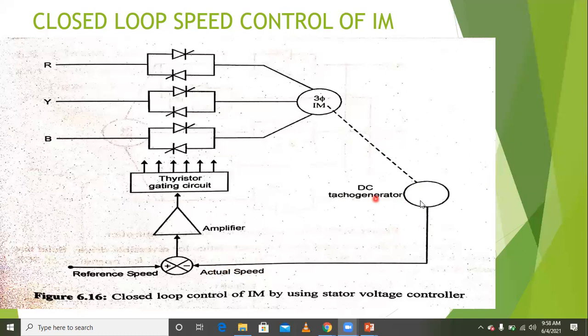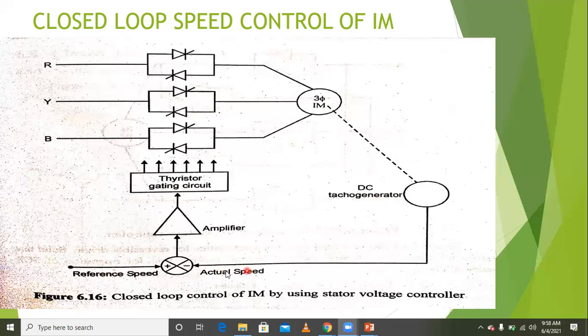This output voltage of the tacho generator is compared to the reference voltage. The reference DC voltage is otherwise called the reference speed. So we have the reference speed or reference DC voltage, and the actual speed or actual DC voltage.